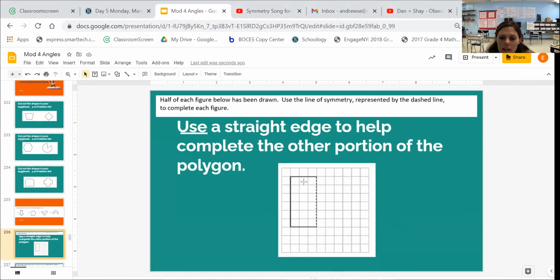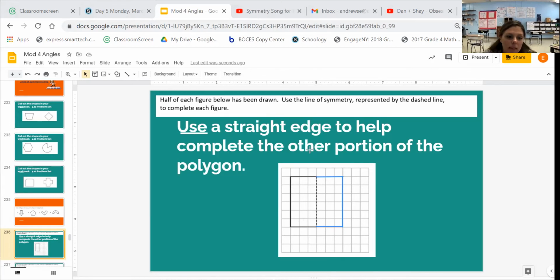And if I have 1, 2, 3 blocks on this side, it would have the exact same. So it would have 1, 2, 3. And then going down 1, 2, 3, 4, 5, 6. So it would match exactly if its lines are symmetrical. And again, 3. Notice that this is our line of symmetry in the middle, and the other portion of the polygon is the same.